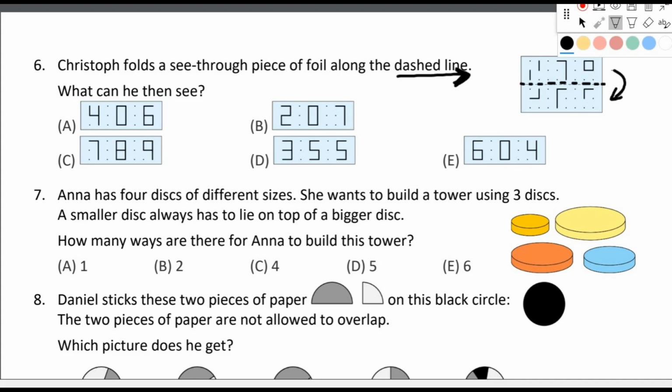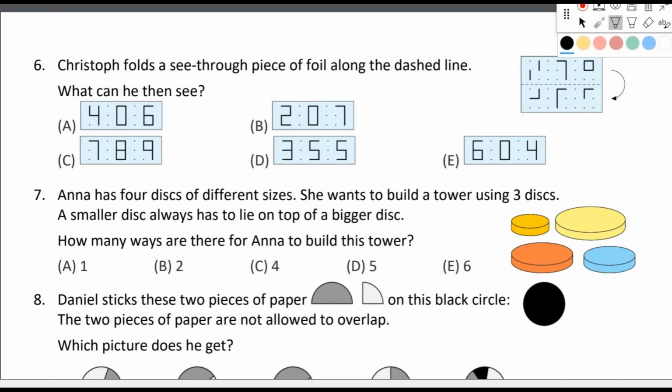what can he see? There are options A, B, C, D, E. So which number comes out? So I see the sixth question as you fold. Okay, so that is folded, so you get here, and that falls here.